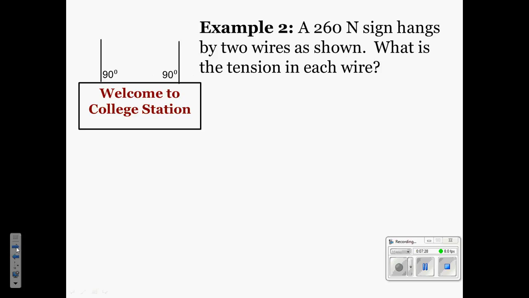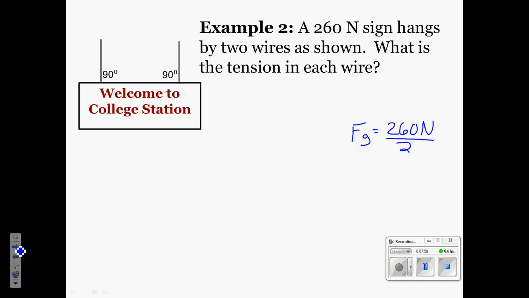Example 2 tells us that we have two wires now that are holding the sign up. If we have two wires holding the sign up and the sign is still 260 newtons, that's its FG, then we are going to take the FG, which is 260 newtons, and divide it by 2 because we have two wires.